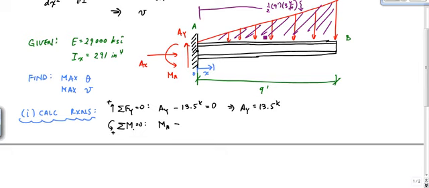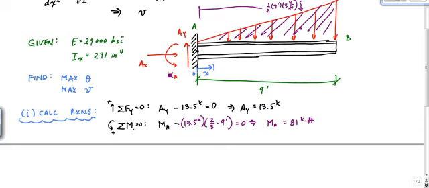That distance is the centroid of this triangle, which is 2/3 from the 0 side. So the resultant is 13.5 kips times 2/3 times 9 feet equal to 0. And then I get that MA is 81 kip feet. And the positive indicates that my sense of this MA is also correct.